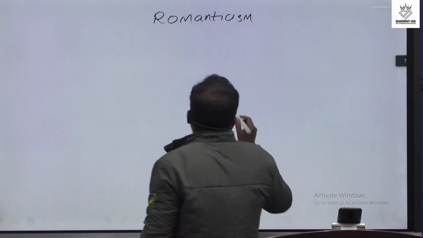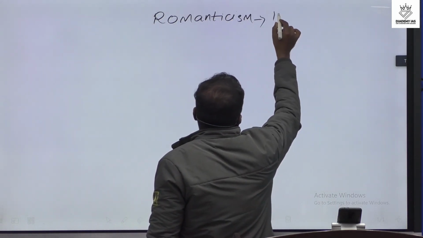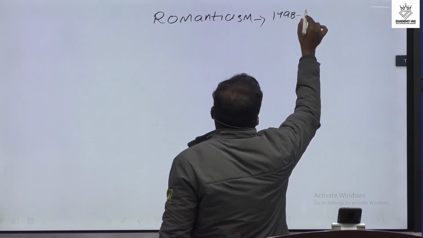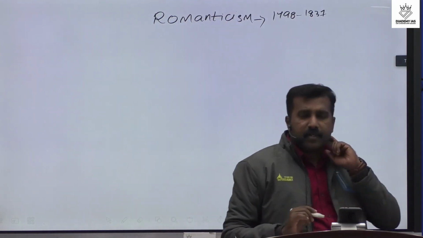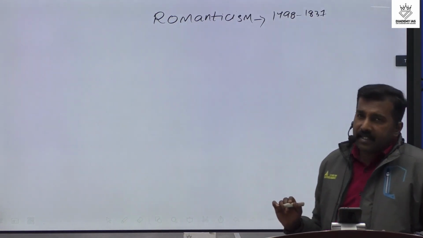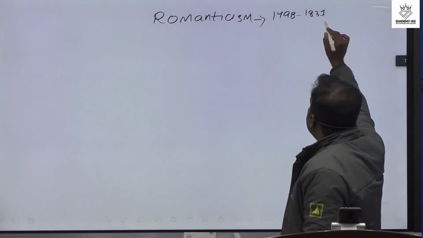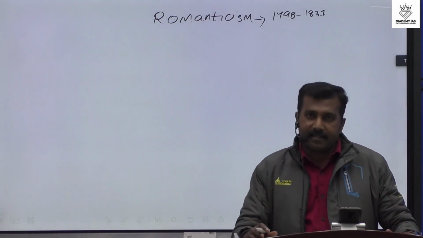We know that Romanticism is a movement started in 1798 to 1837. This is the period of the Romantic period or Romanticism. 1798 to 1837 is the period of Romanticism.